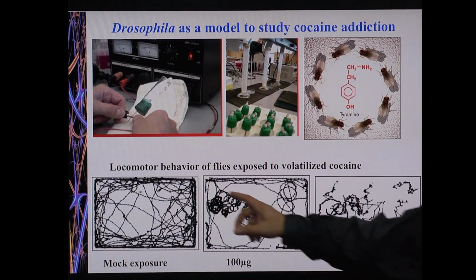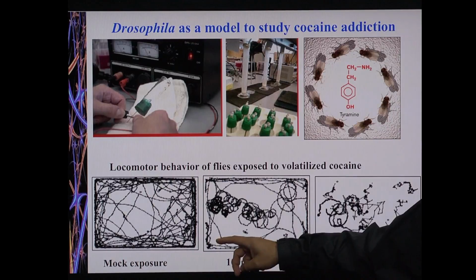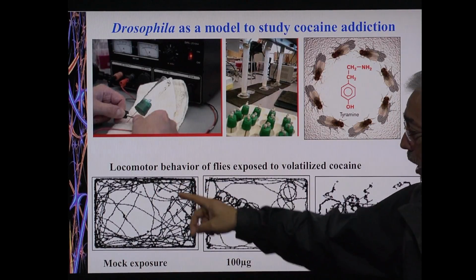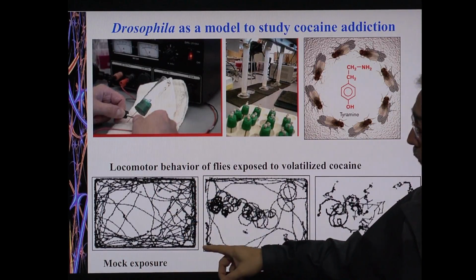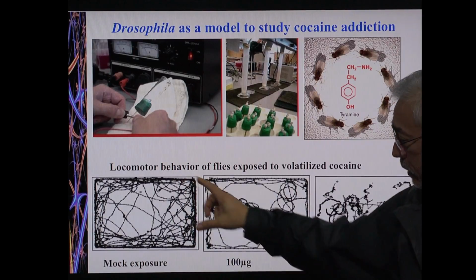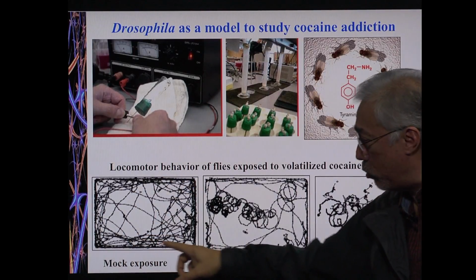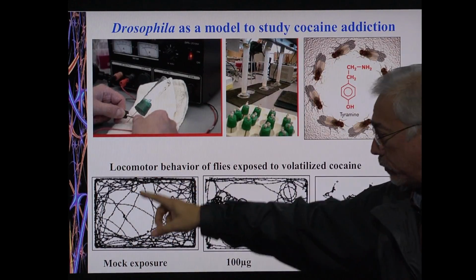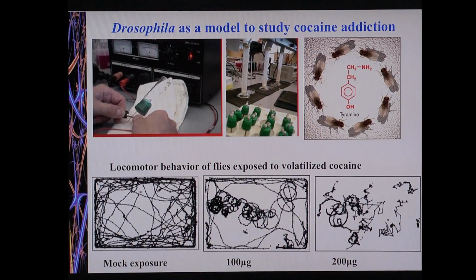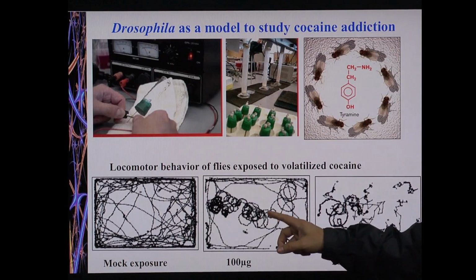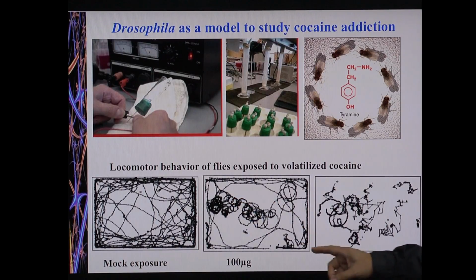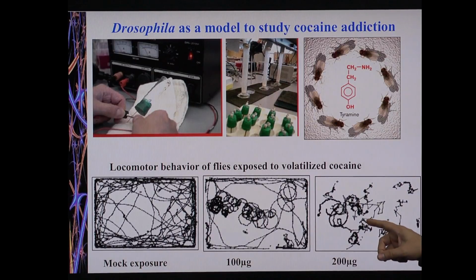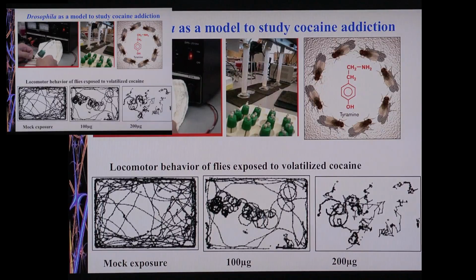This is, for instance, a video of the normal movement of the flies in a closed chamber. Usually they tend to go to the perimeter of the chamber, and then when they have 100 micrograms of cocaine, they start to have these weird movements, and then you have the double dose. They are absolutely crazy.